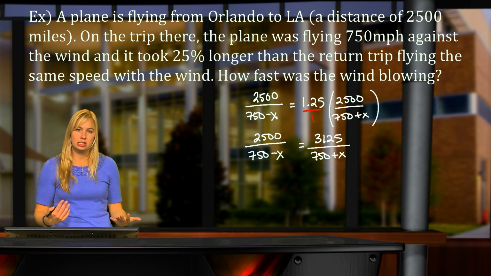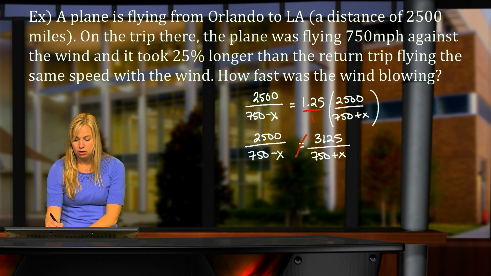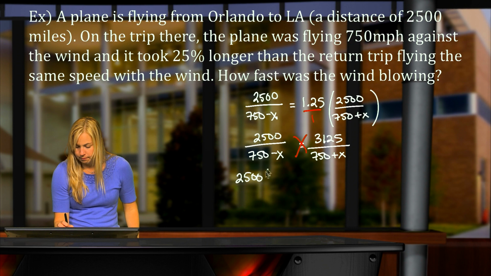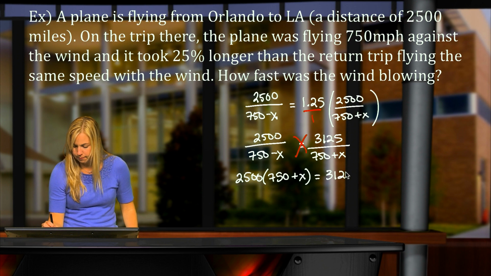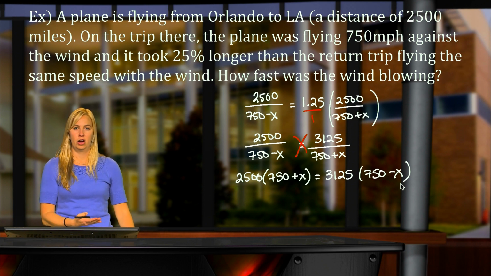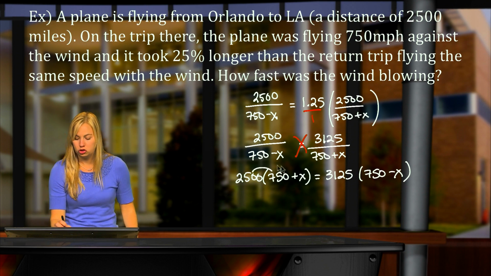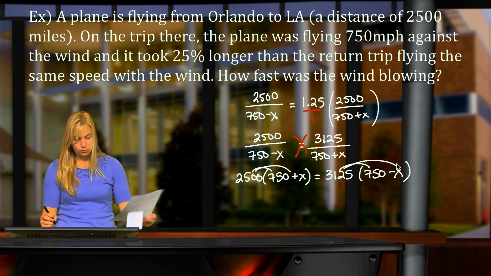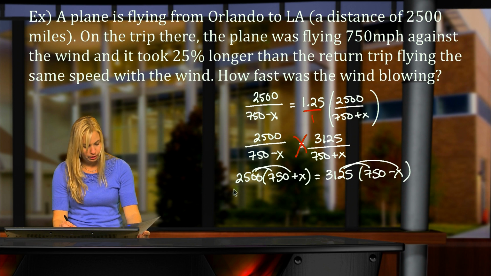Now we've got two fractions equal to one another, so this is sort of like a proportion, and we can cross multiply. Now that we've set up our cross multiplication, we're going to distribute on both sides. We get some pretty large numbers here, but that's okay.